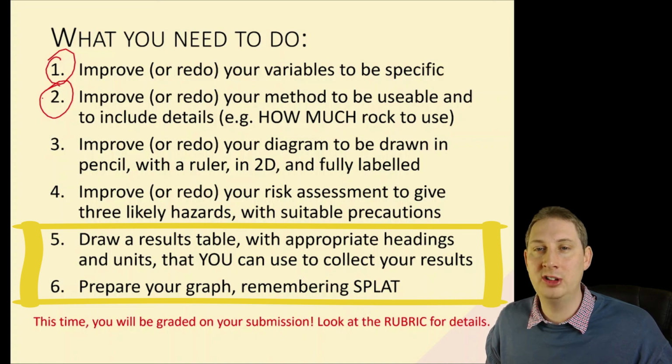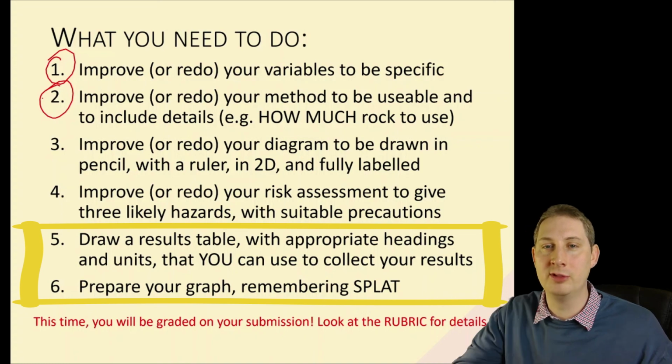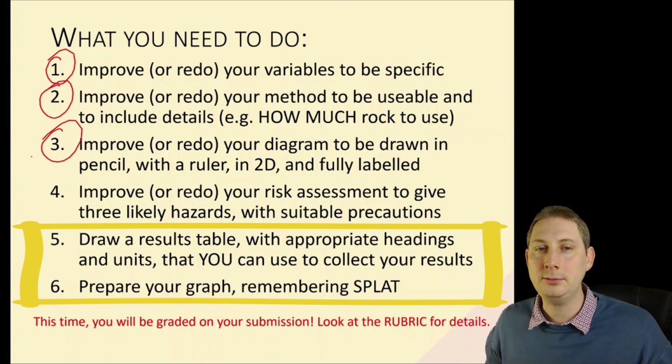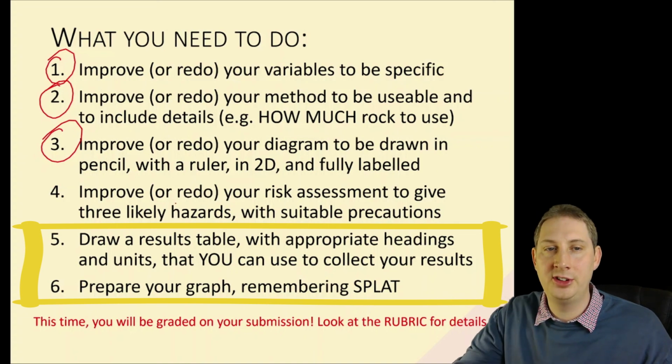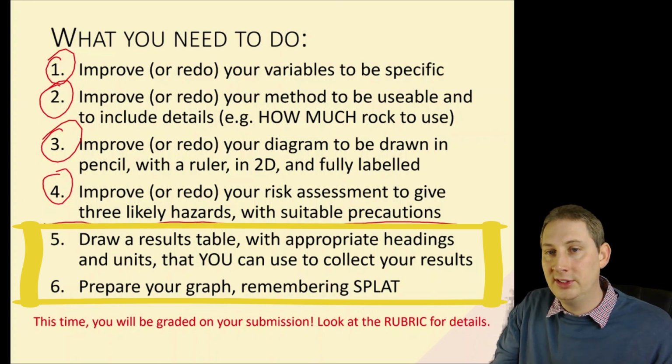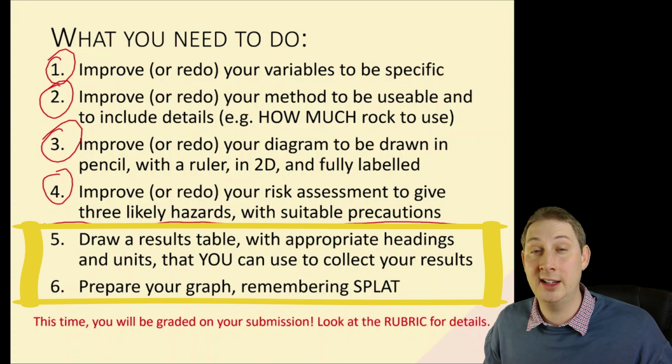Improve or redo your diagram to be drawn in pencil with a ruler in 2D and fully labelled. Improve or redo your risk assessment to give 3 likely hazards with suitable precautions. Some of you have done most of that already and will have very little work to do. Some of you have hardly done anything and are going to have a much longer lesson this time.